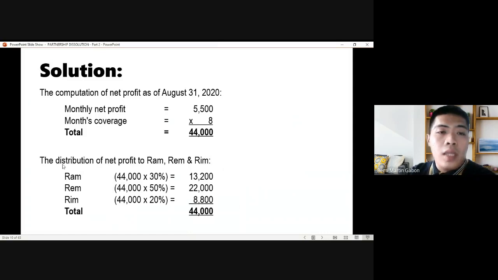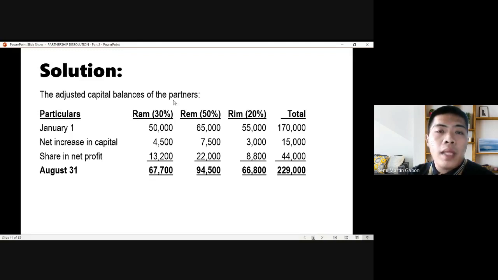Okay? The distribution of net profit to RAM, REM, and RIM, you're going to adjust their capital balances with their share in the profit as of August 31. So for RAM, we have 13,200. For REM, we have 22,000. And for RIM, we have 8,800. Okay? Then adjust the capital balances with all the adjustments.